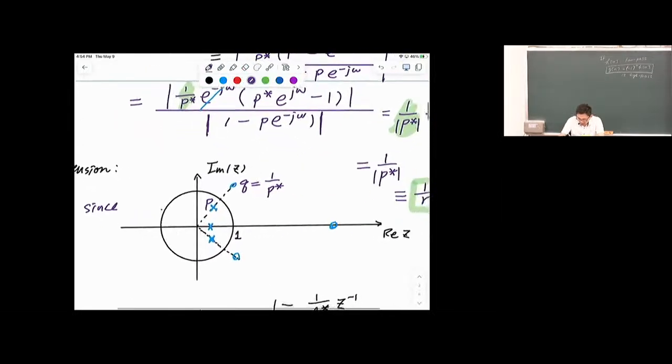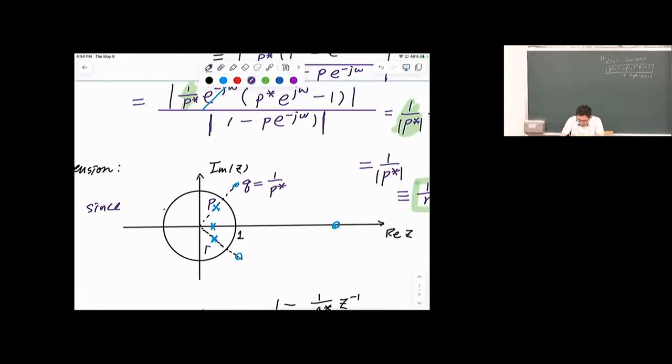And then the zero will be Q conjugate, which is 1 over P.